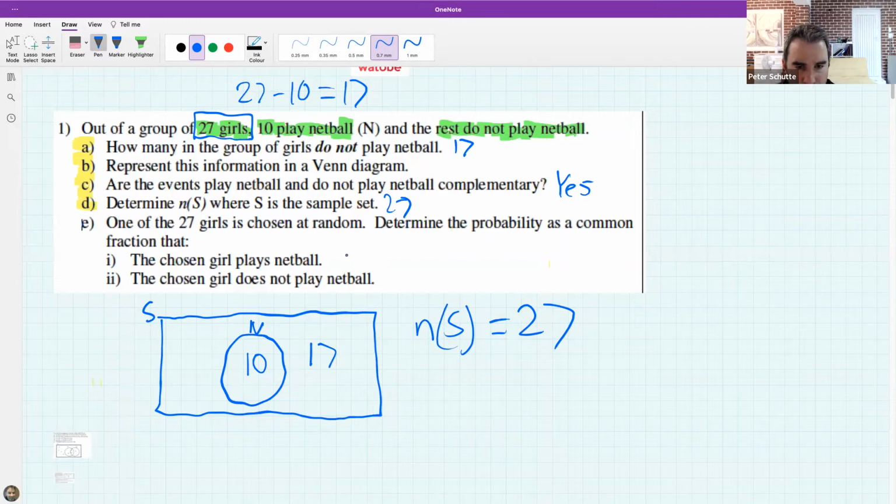Okay, then here's the probability question. Of the 27 girls, one of the 27 girls is chosen at random. Determine the probability as a common fraction that the chosen girl plays netball. So what is the answer to that going to be? What is the probability? We would say it like this: if N is netball, what is the probability that the random person chosen from the group plays netball?